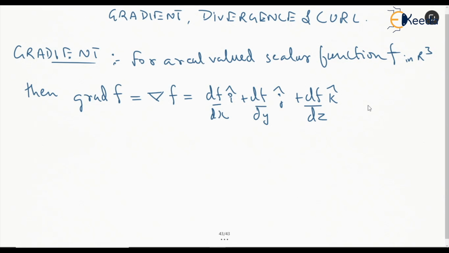So this is del, and this del is given as I cap d by dx plus j cap d by dy and k cap d by dz. So these are the components of this del operator or nabla, and this is how the gradient is given.